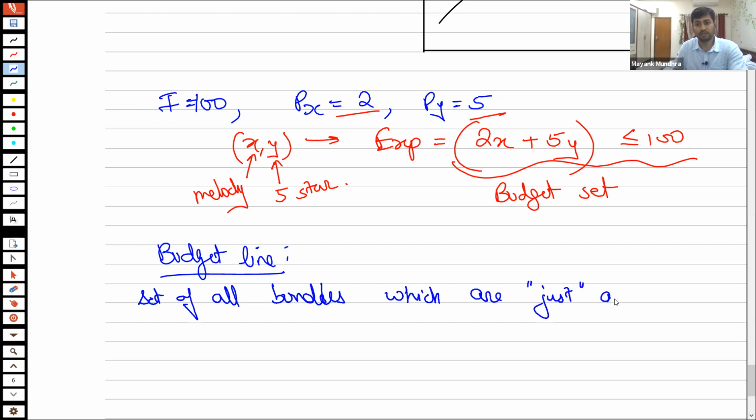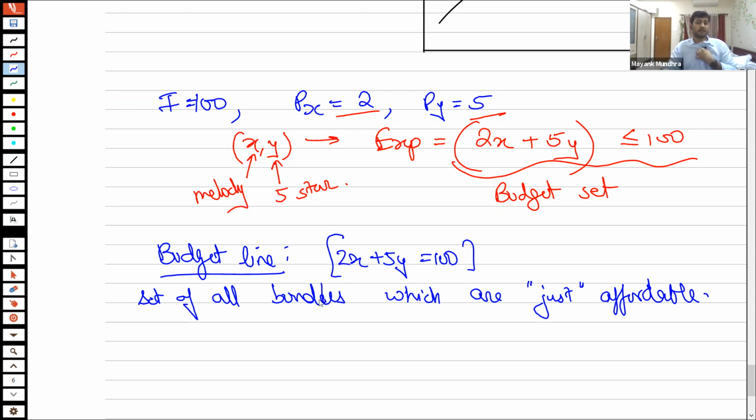The word just is important. The word just means a bundle which if I consume, my entire income is exhausted. So such bundles are going to be of the format 2x plus 5y equals to 100. So these are all values of x and y at which my entire income is exhausted.